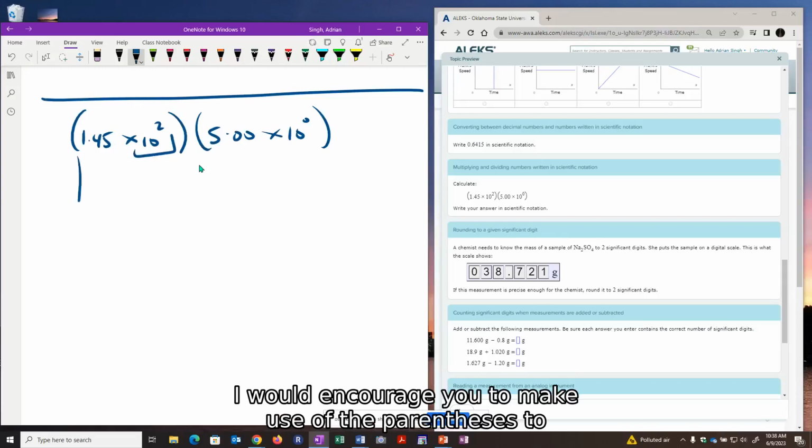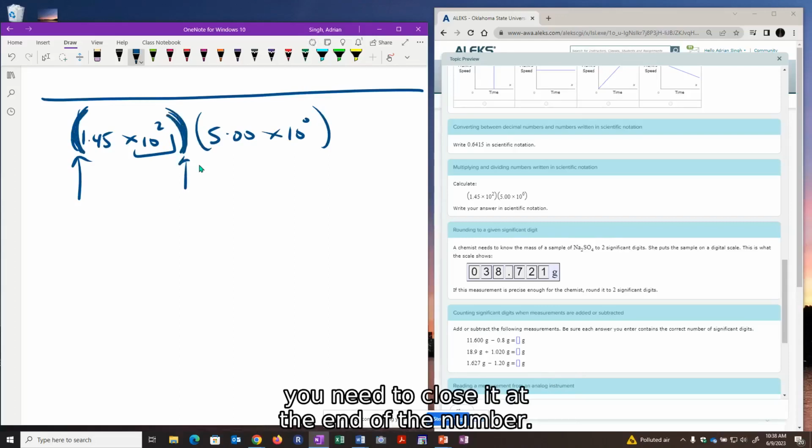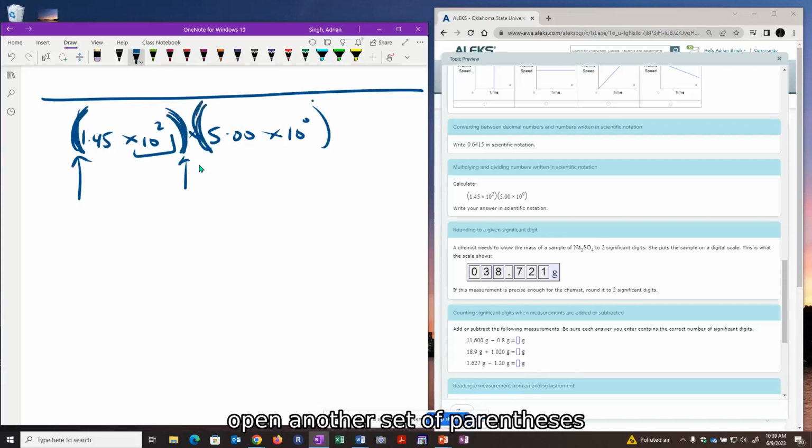I would encourage you to make use of the parentheses to separate each of the numbers written in scientific notation. Keep in mind that if you open a parenthesis, you need to close it at the end of the number, and then you can have your multiplication sign, open another set of parentheses, and close it at the end, and then we hit enter at the very end of this.